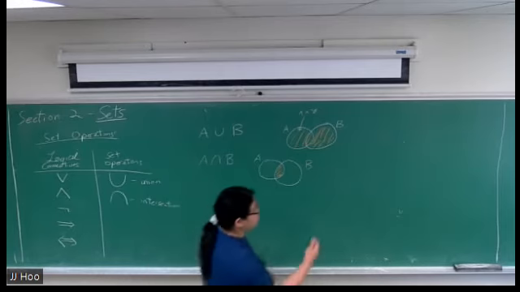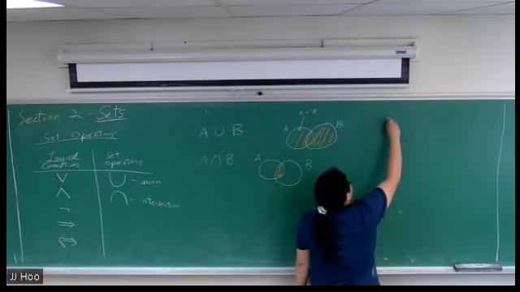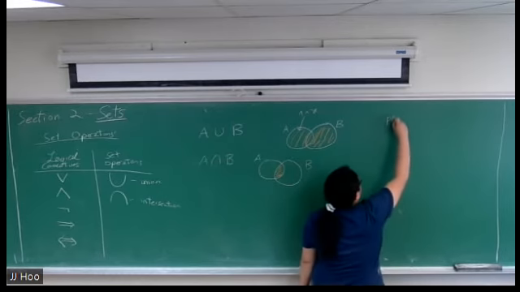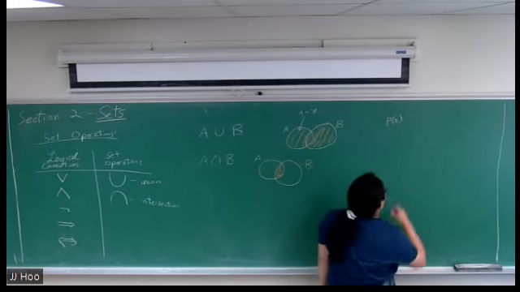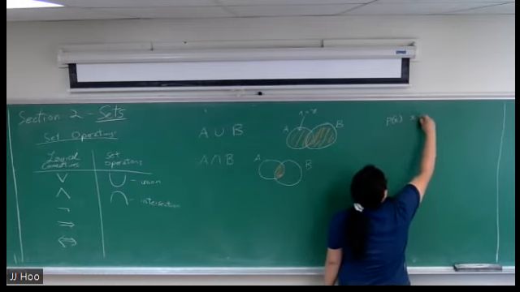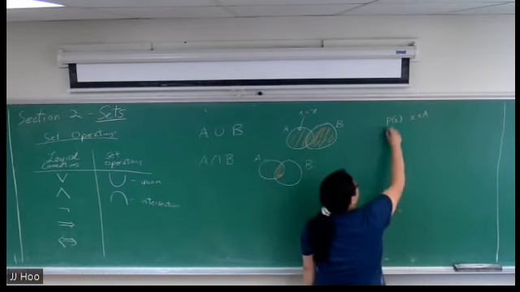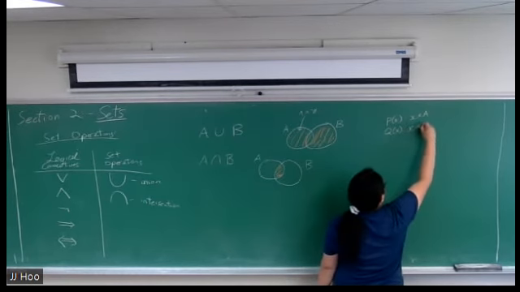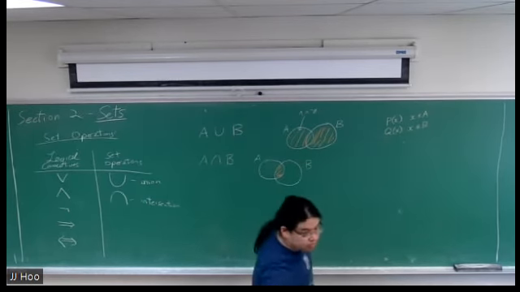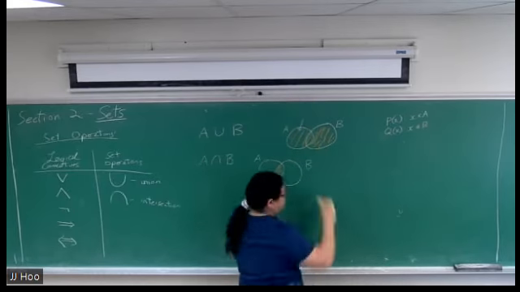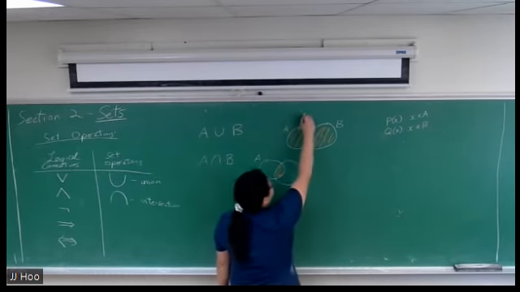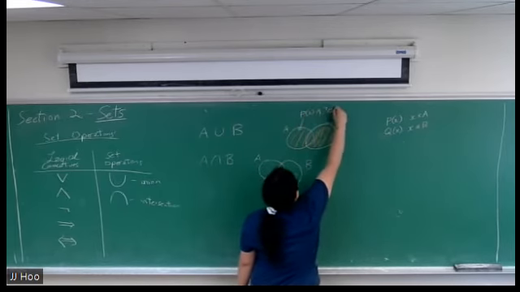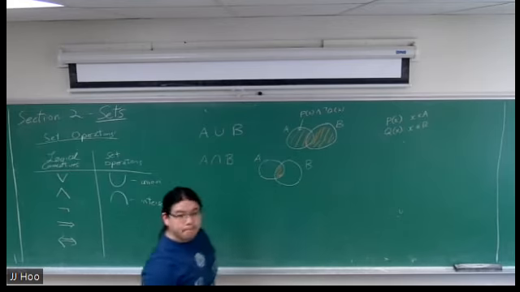But maybe it will be easier or more formal to say, let P be the statement, or sorry, some predicate, I guess. Let P be the statement that X is in A. And Q be the statement X is in B, right? So then anything in here represents X such that... now this is fine, right?